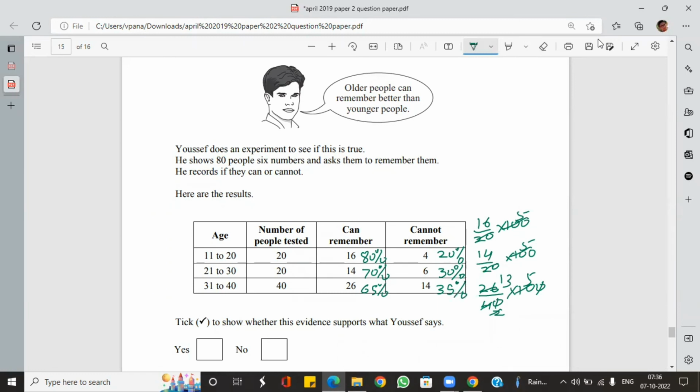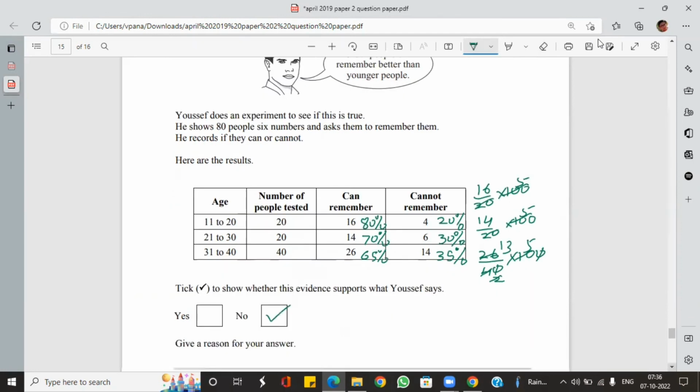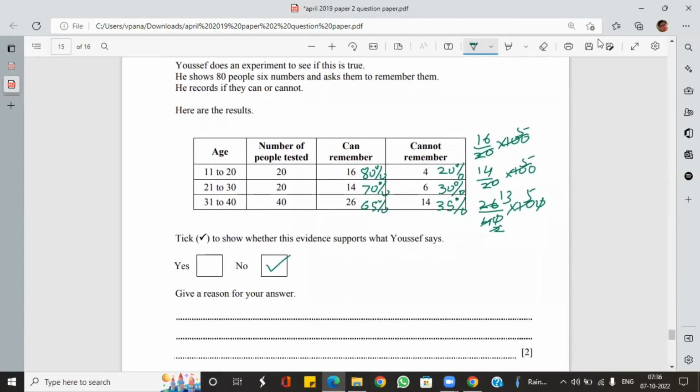Okay. So when we look at the percentage of the people who cannot remember, it is 20, 30 and 35. So it is increasing. The not remembering percentage increases according to the age. So we can say that what Yusuf says is not correct. Okay. So why it is not correct, you have to describe here. So give a reason for your answer. The percentage for not remembering is increasing as per age.